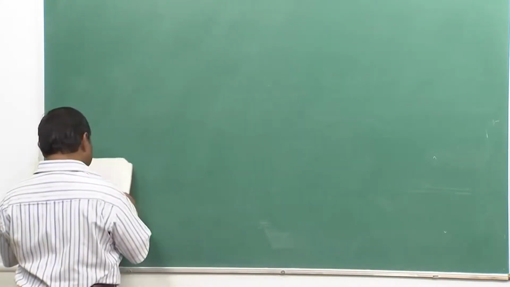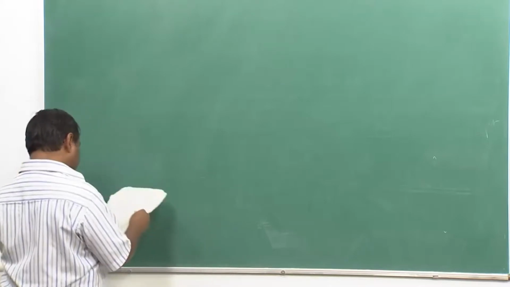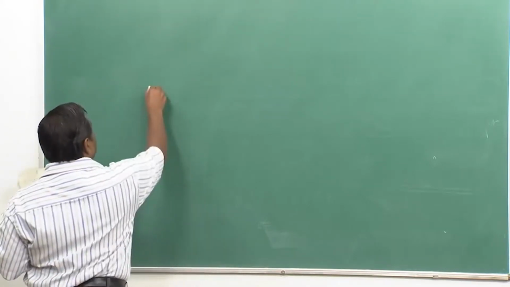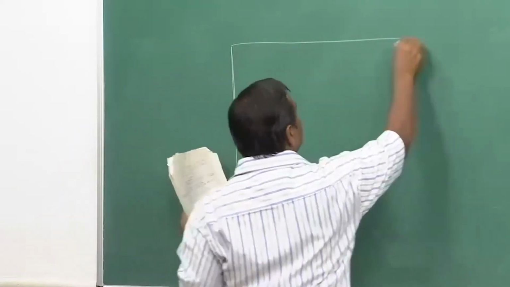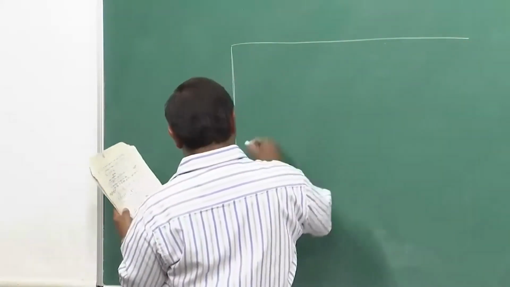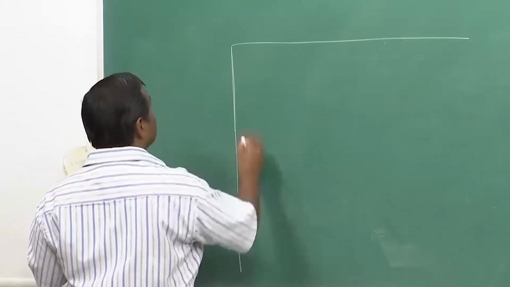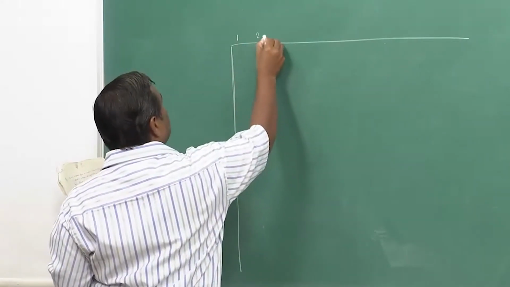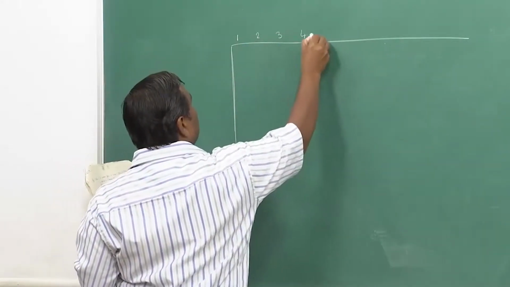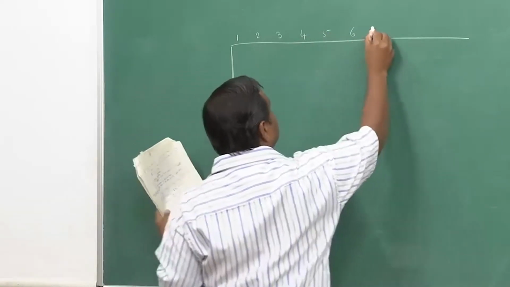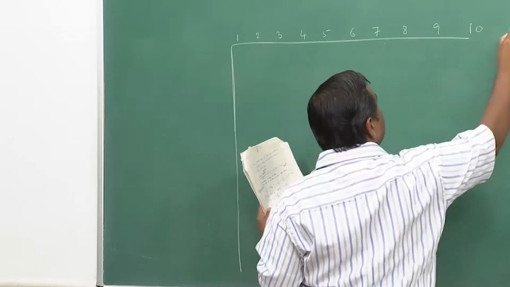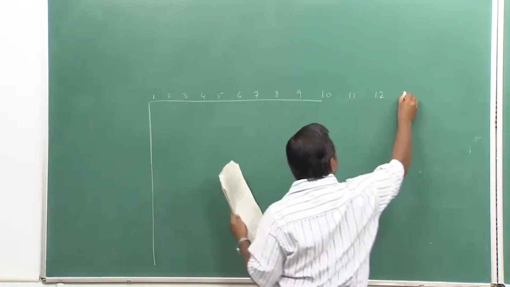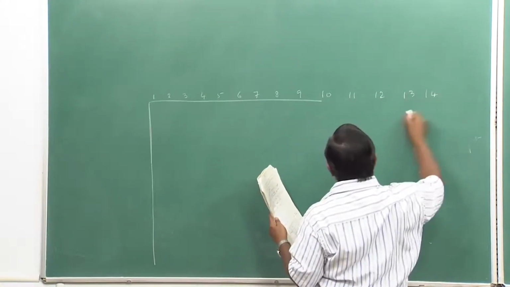So, for the state transition after step 1, we will have states going from 1, 2, 3, 4, 5, 6, okay.